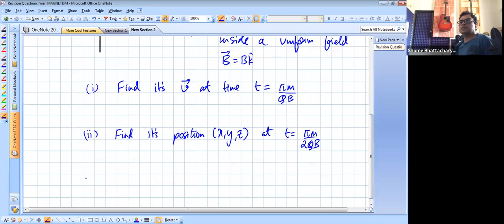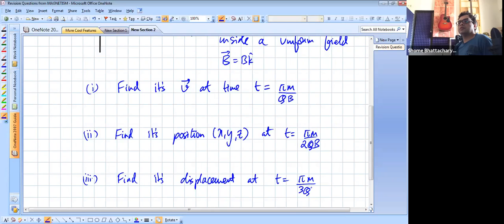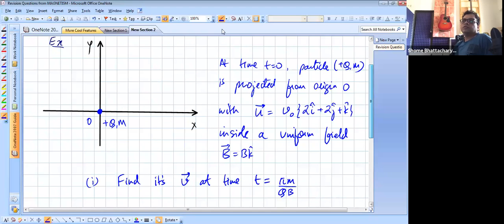And third, find its displacement of. So these three things you have to work out for this.